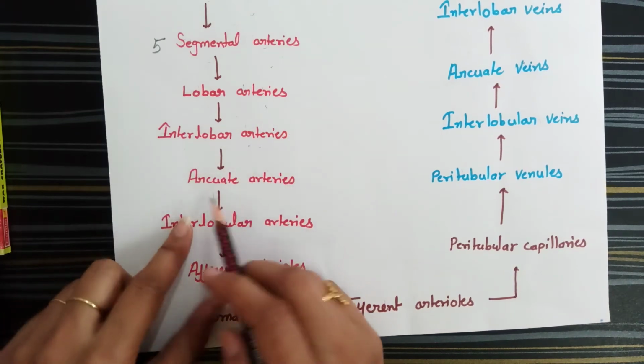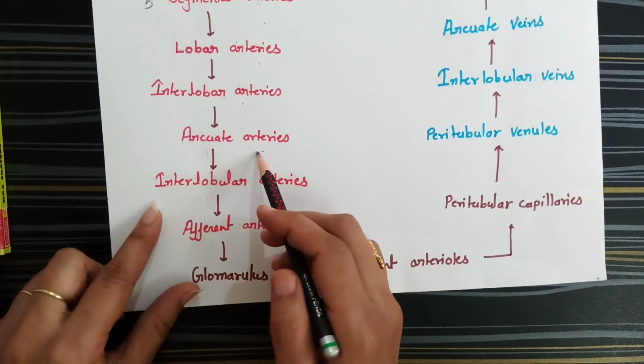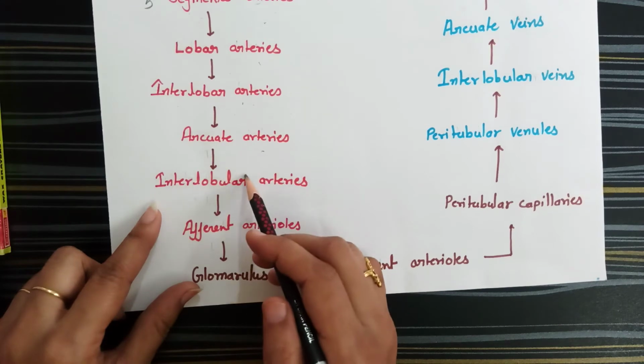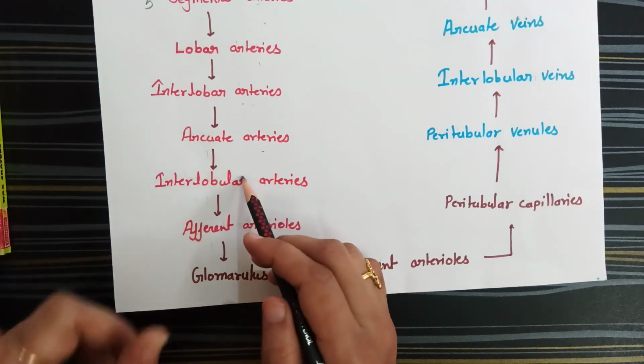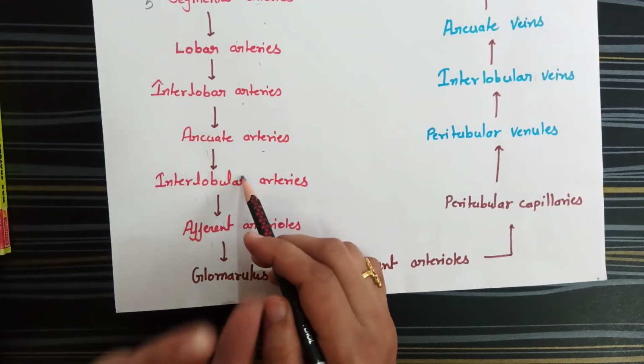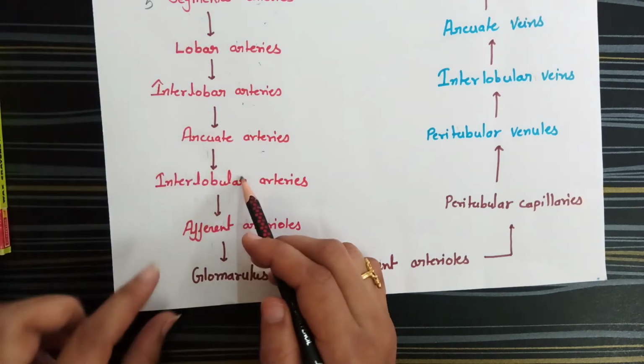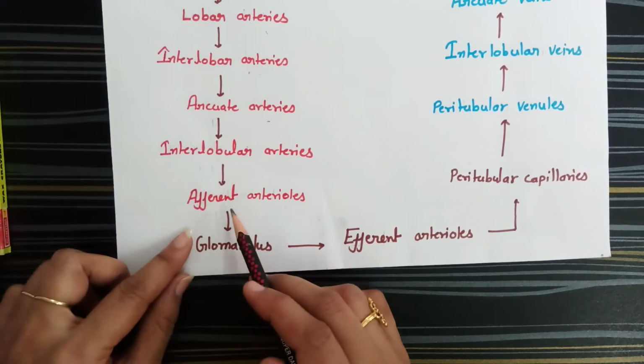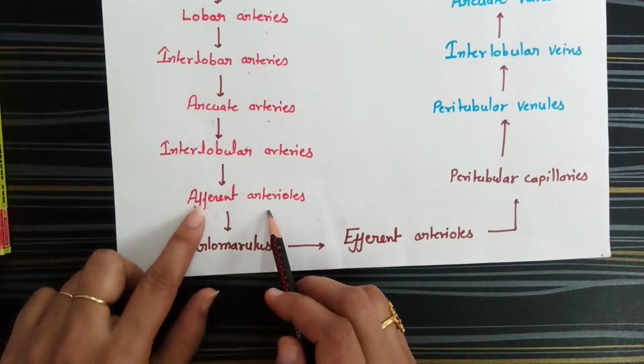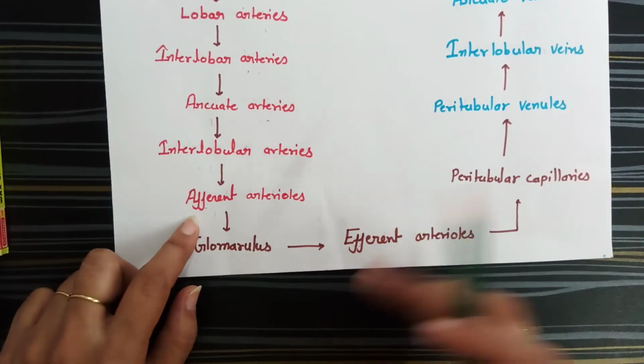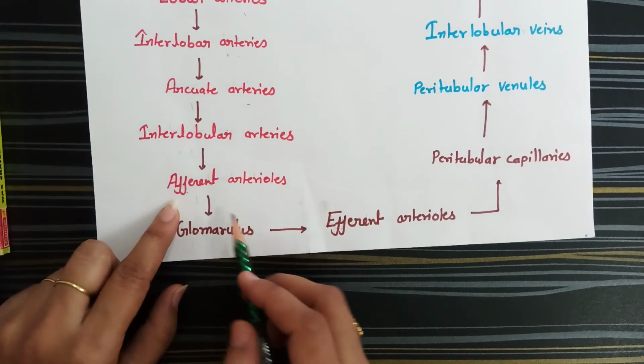Then it divides into the arcuate artery, which supplies blood to the interlobular artery at the boundary of the medulla and cortex, and now it supplies the afferent arteriole. From there the filtration has to be done.